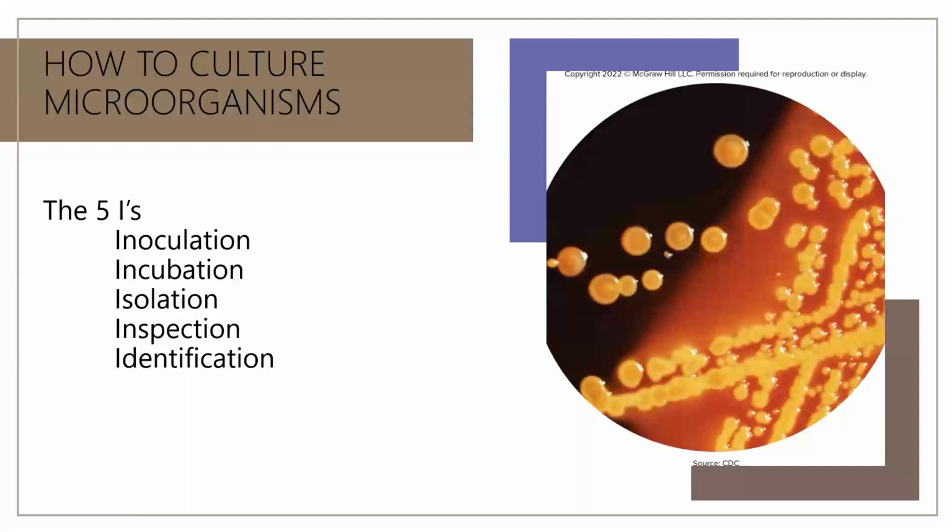And so isolating all of them out, separating them, and figuring out which one is the problem is a critical step. Once we've isolated them, then we can move on to inspection. So this can be macroscopically looking like the picture here to the right and seeing, okay, they're round colonies that are kind of orangish.